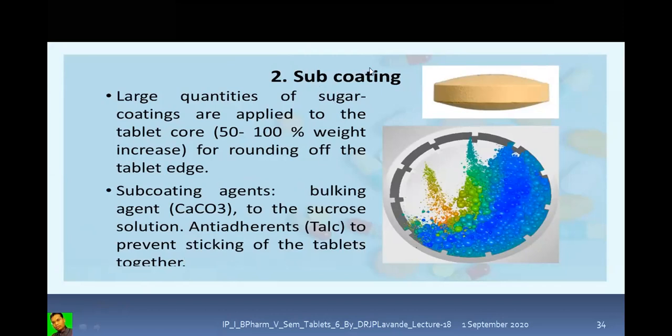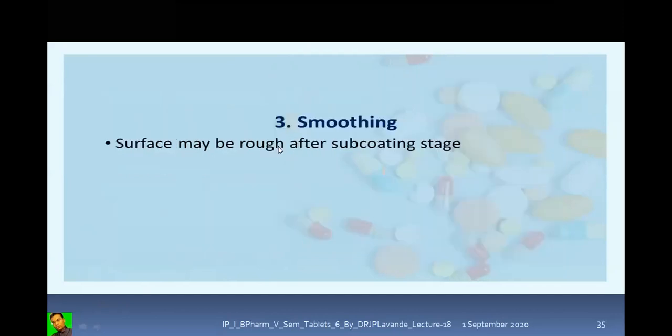So for the process of subcoating, we require the bulking agent calcium carbonate, sucrose, and the anti-adherent talc to avoid adherence with each other. In this stage some 50 to 100% weight gain is observed.